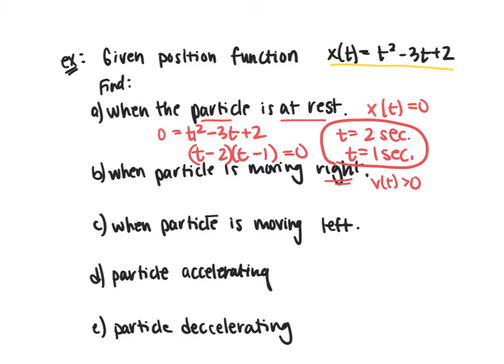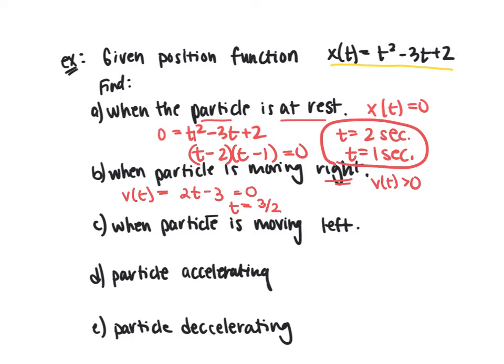So I'm going to find the velocity, the derivative of the position function, so 2t minus 3. And if I set that equal to 0, what I get is 3/2. So at 3/2, it's not moving to the right or to the left.